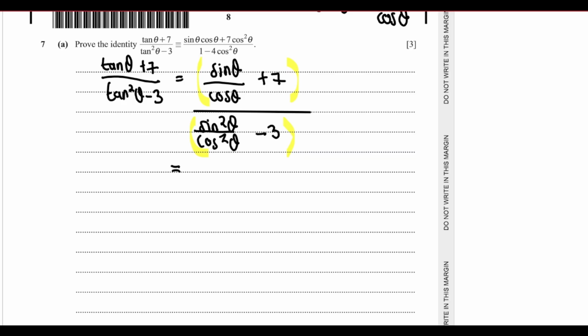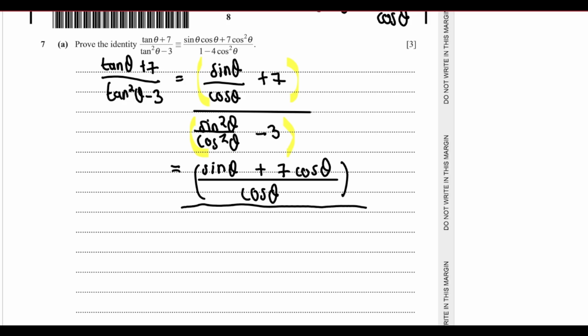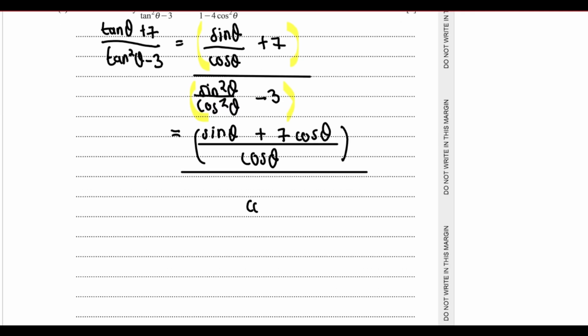We'll have sin plus 7 cos all over, keep a bracket there so I don't get confused. At the bottom, the common denominator is cos squared, so we have sine squared plus 3 cos squared.